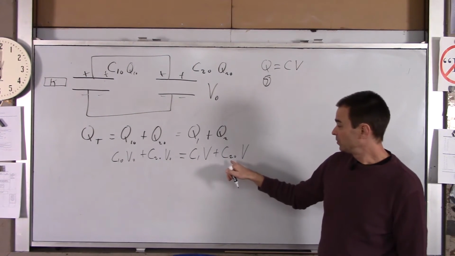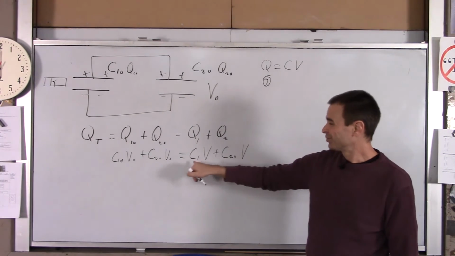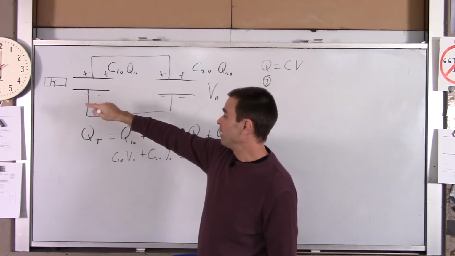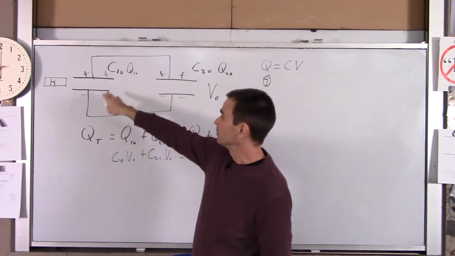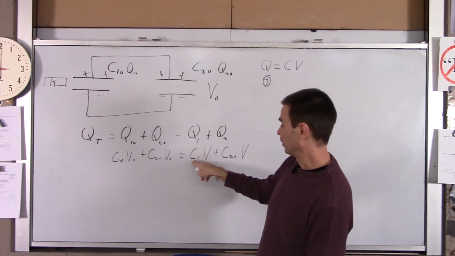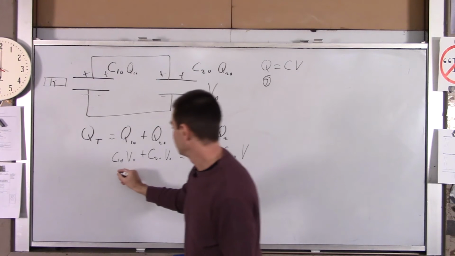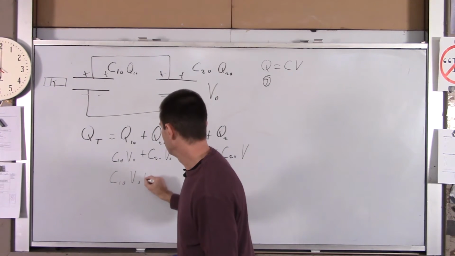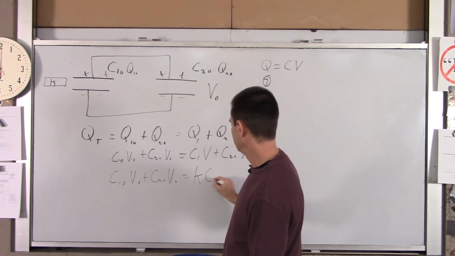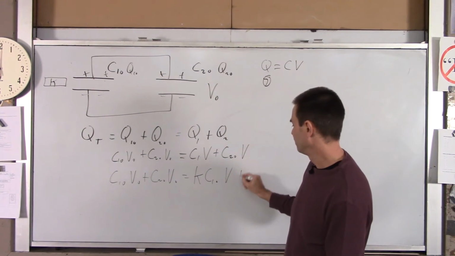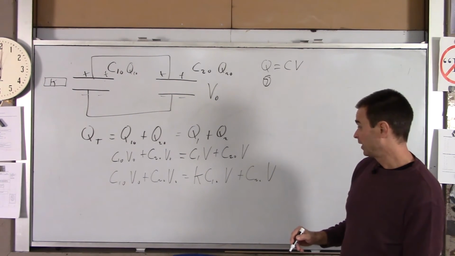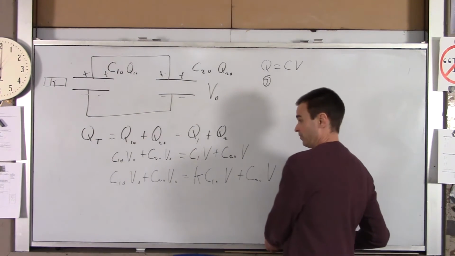Now, C2 didn't change, but C1 does. When you insert the dielectric, all that happens is this value goes up by that factor. So I'm going to put kappa times C1 naught. So you've got C1 naught V naught plus C2 naught V naught equals kappa C1 naught V final plus C2 naught V final. Basically we're going to solve for V final now in terms of V naught.